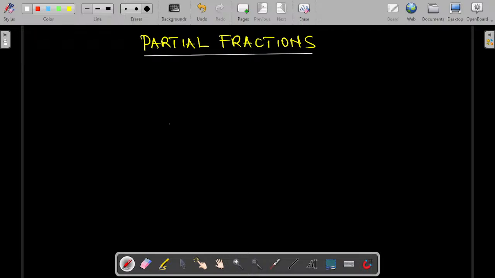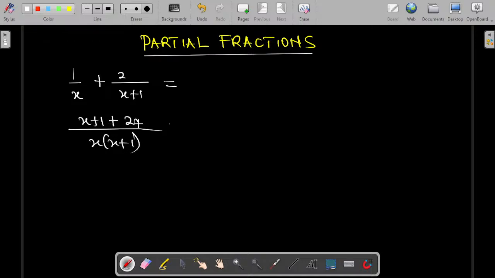For example, if you have 1 over x plus 2 over x plus 1, and I join them, I get x plus 1 plus 2x, which equals 3x plus 1 all over x into x plus 1.